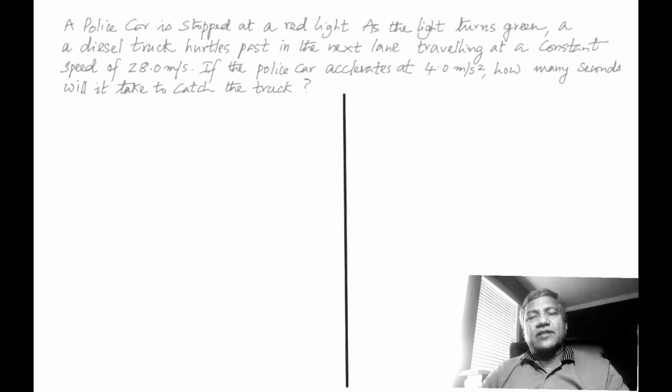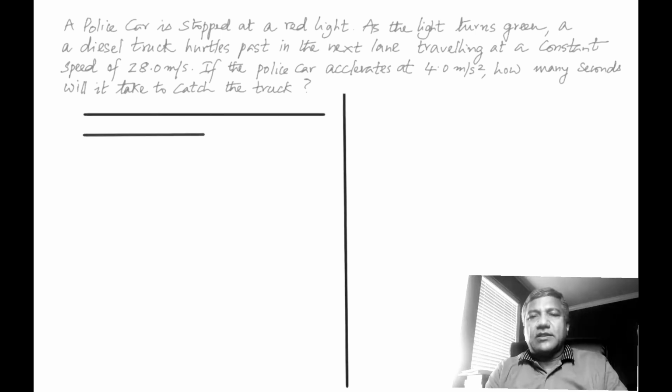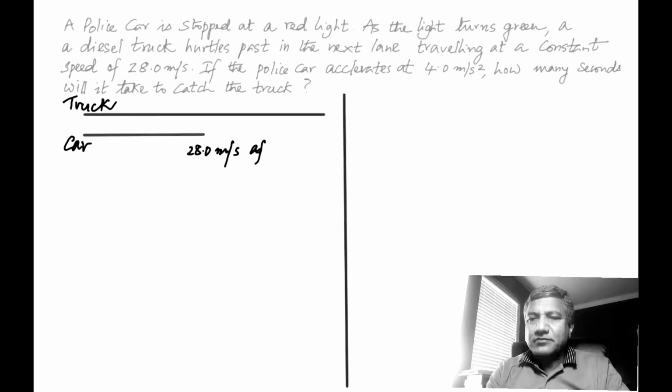Now, first of all, understand that to catch the truck does not mean that the police car has the same velocity as that of the truck. Because to have the same velocity as that of the truck, as illustrated here, it's only going to take 7 seconds, because 7 times 4 is 28 meters per second.